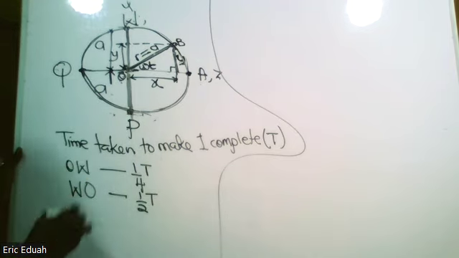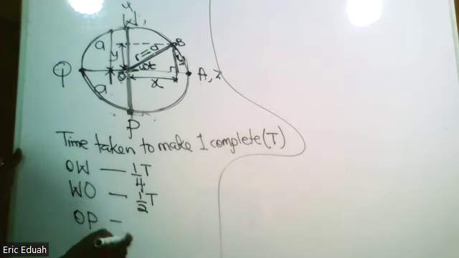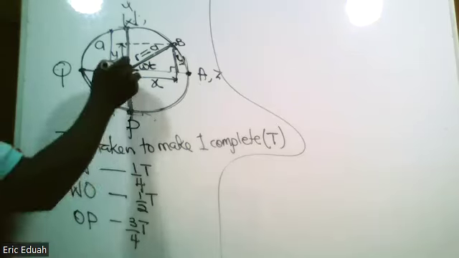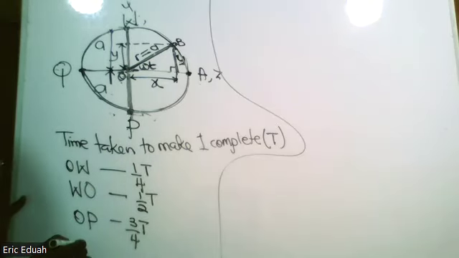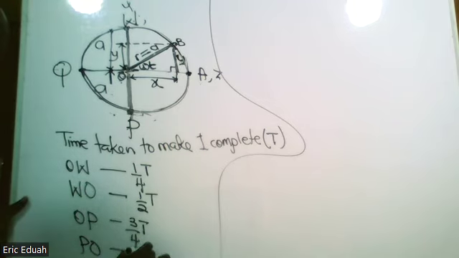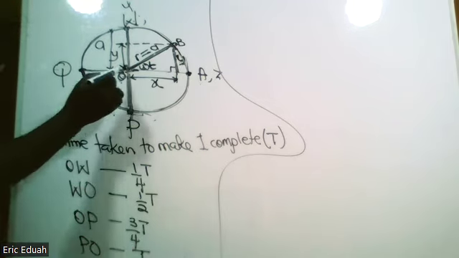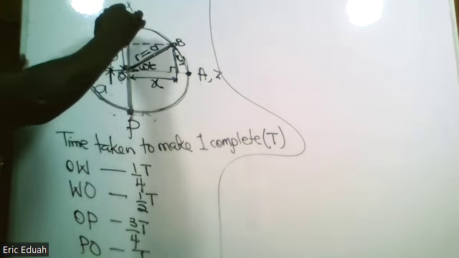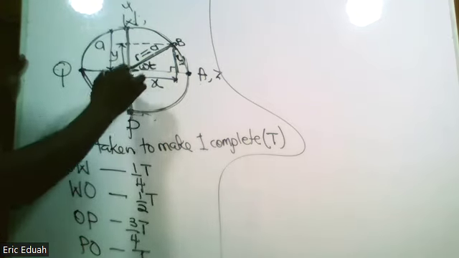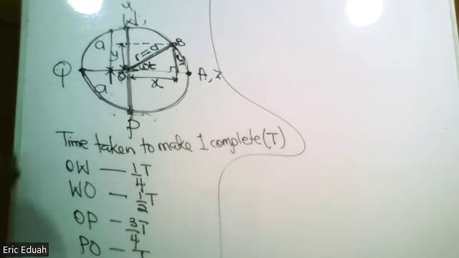From O to P, the same time, but this will be 3/4 of the period. And then from P to O, it will be T. So quarter, half, 3/4, and a period.